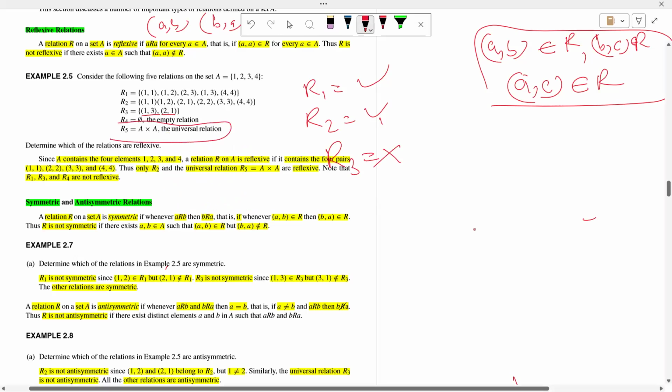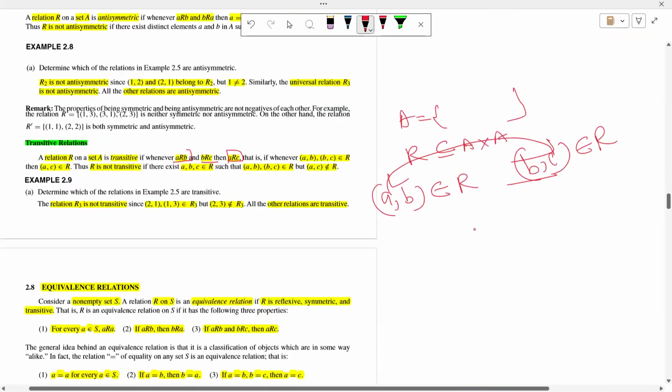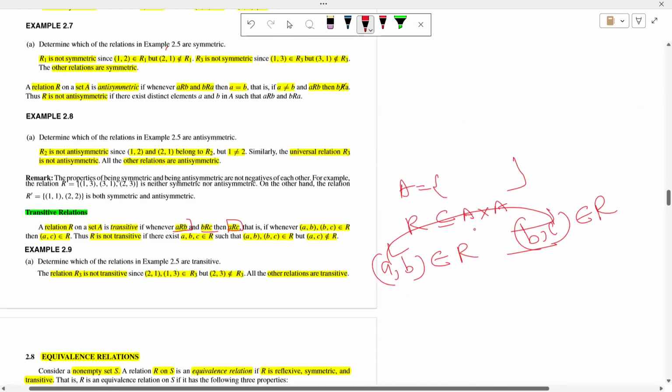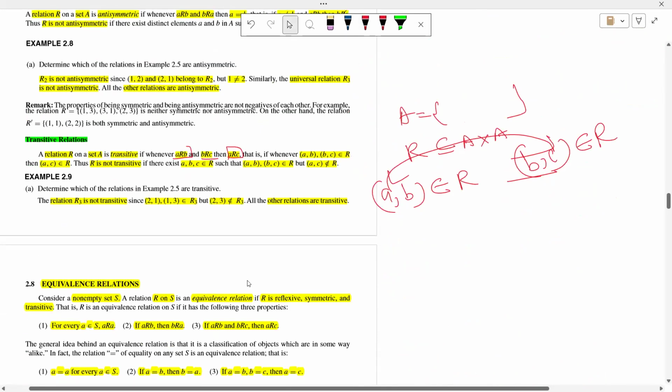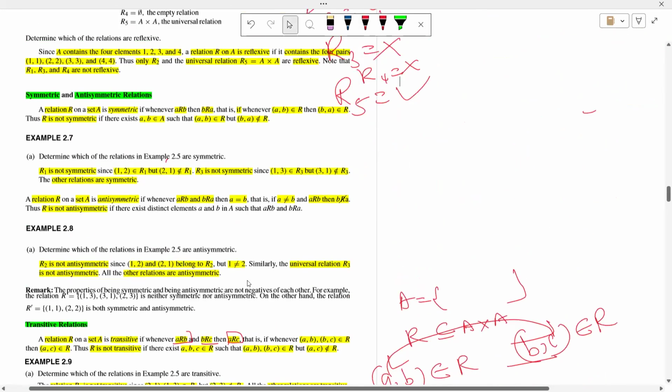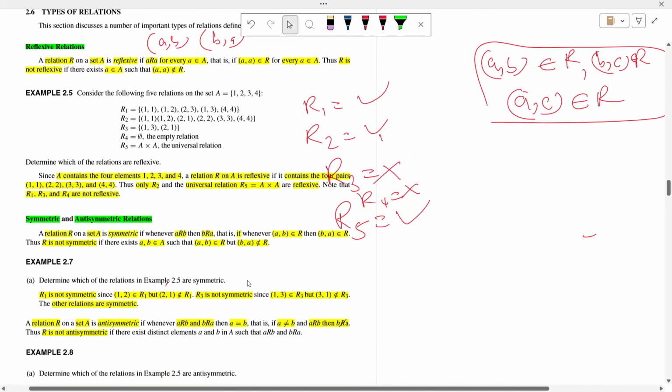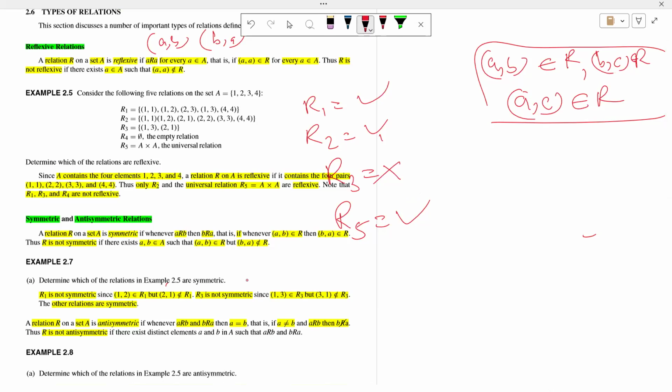R5 is transitive, since R5 is the universal set. So R5, R1, R2 are transitive, and R3, R4 are not. The empty set, you don't need to worry about. If you have an empty relation, you don't need to do anything.